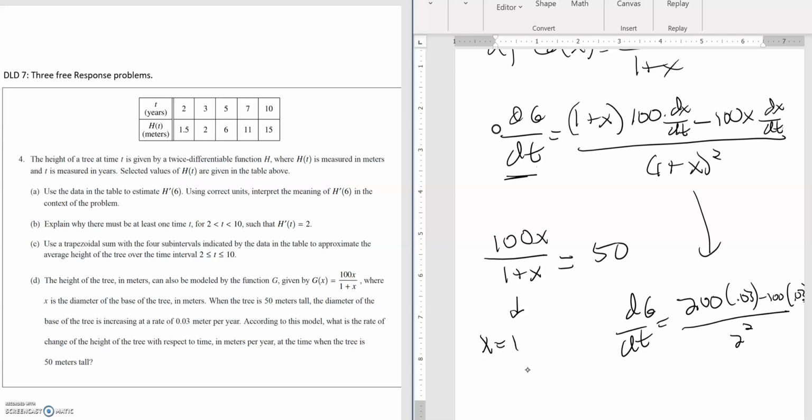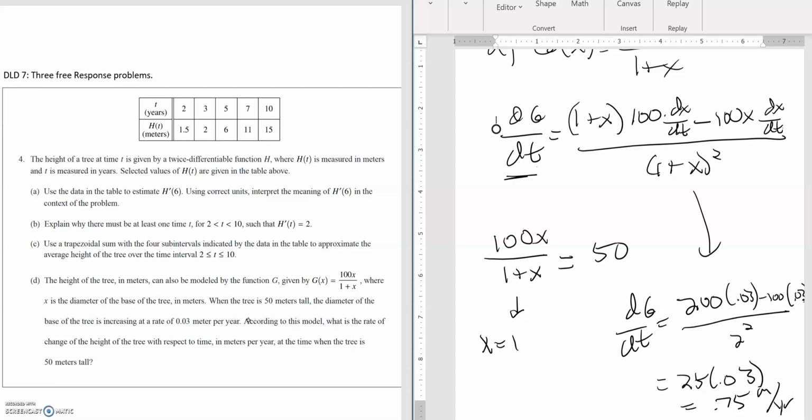Oh, that's nice. So it's 100 times 0.03 divided by 4. So that's 25 times 0.03, which is 0.75 units. This is the rate of change of the height of the tree. This would be in meters per year. This is when x is equal to 1.